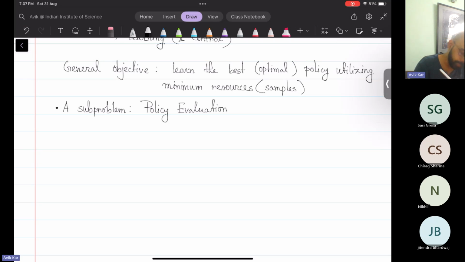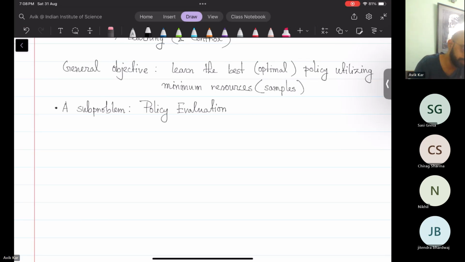In the last tutorial, I remember that we discussed two methods of evaluating a policy. But before that, let me recap what we mean by evaluating a policy.